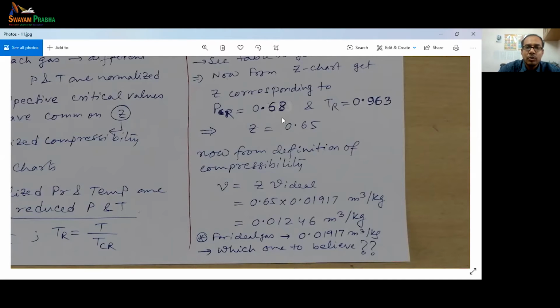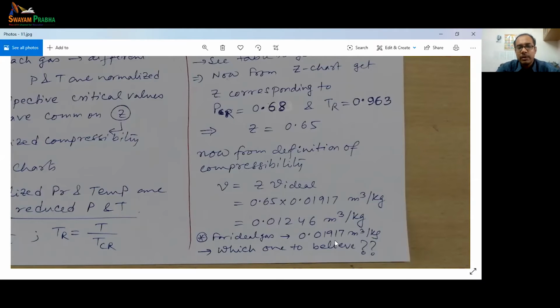Here you note that Z is unitless, because it's the ratio of two specific volumes, so the units cancel. The specific volume under the real gas assumption that we get is 0.01246 meter cube per kg.